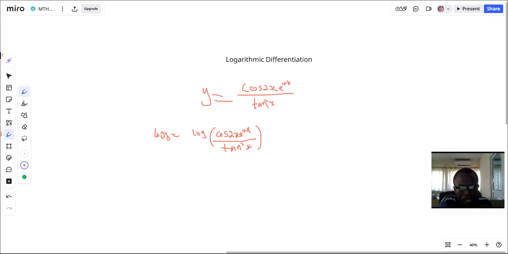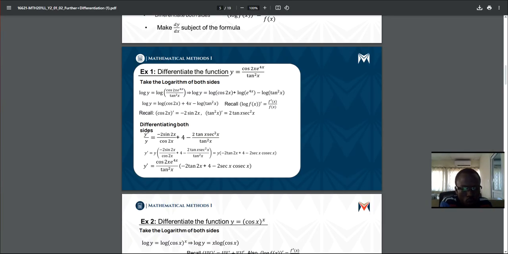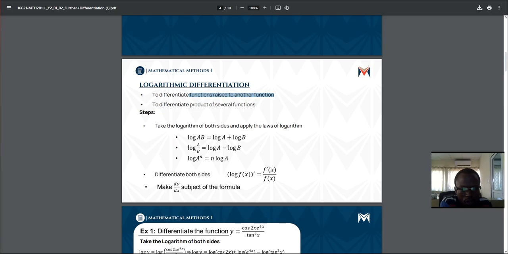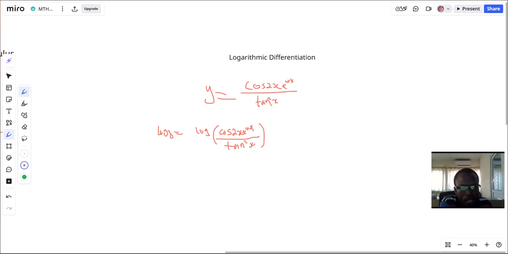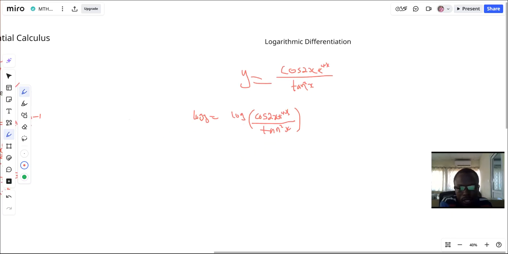Now this resembles the law: log a over b is equal to log a minus log b. So we apply the first logarithmic formula.